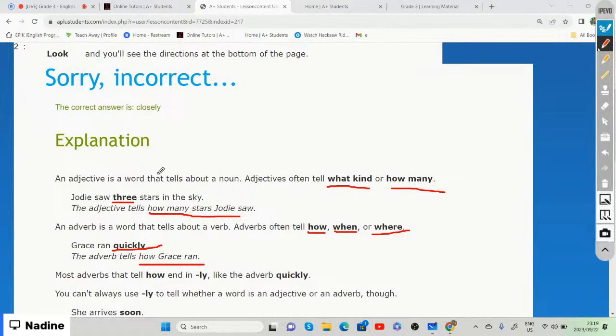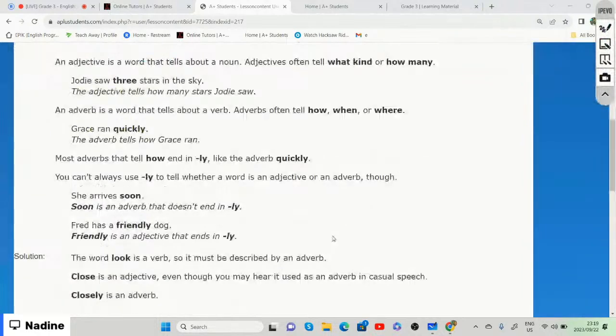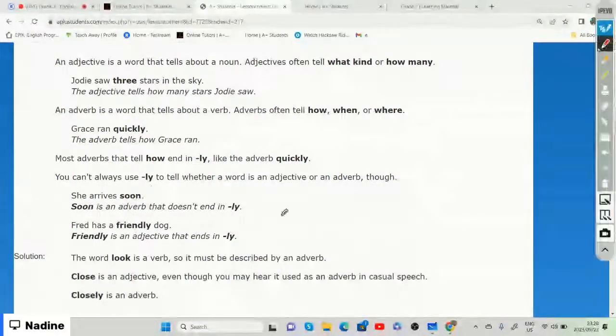But not all words that end in ly are only adverbs. Some words that end in ly can also be an adjective. For example, she arrives soon. Soon is an adverb that doesn't end in ly, and of course, it does not tell us how. But if we look at the word friendly, it tells us what kind of dog it is.